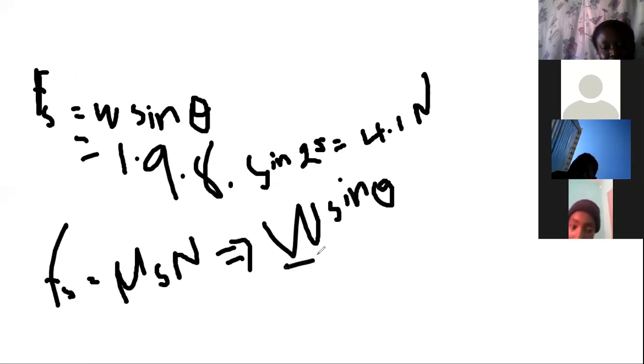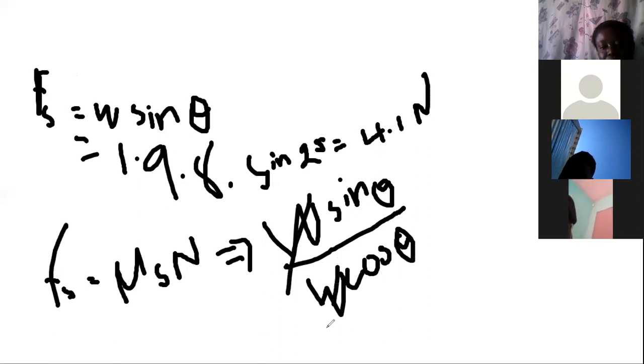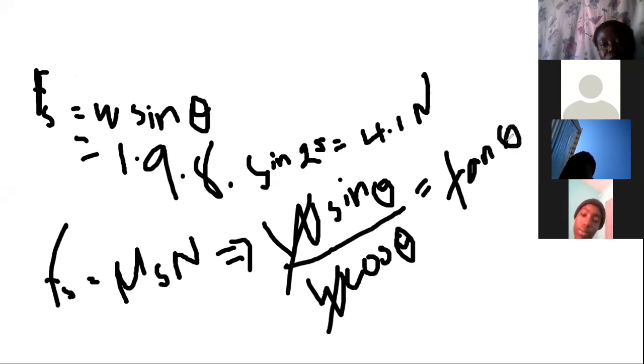And what is my normal force? The normal force is equal to the weight times the cosine of an angle theta. So the weight cancels out. Then you are simply left with sine theta over cos theta, which is equal to tan theta.